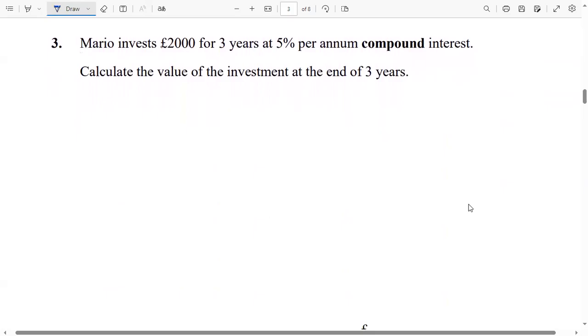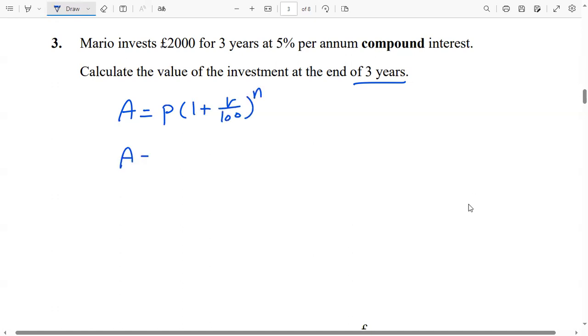Mario invests 2,000 for 3 years at 5% per annum compound interest. Calculate the value of the investment at the end of the 3 years. This is the same as question number 1. You just write the formula for compound interest: A equals the principal times 1 plus R over 100 to the power of n, the number of years.